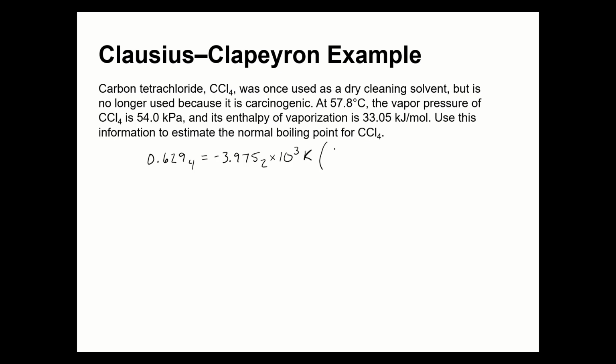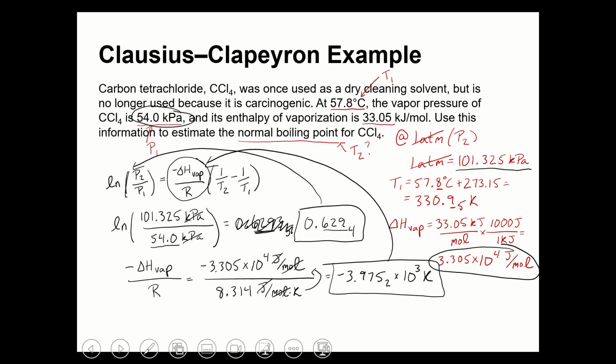And we're going to have to multiply that times 1 over the final temperature, which we don't know. That's what we're trying to find, minus 1 divided by the initial temperature. And remember, the initial temperature in Kelvin was 330.95.